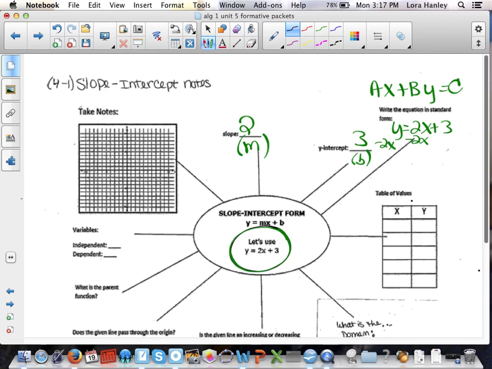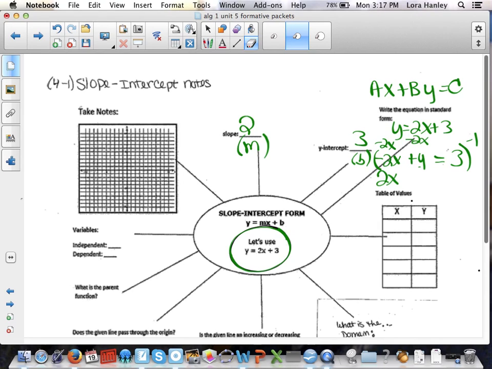So we end up with negative 2x plus y is equal to 3. Finally, we have to check our rules, and we're not allowed to have a negative a value. So in order to fix that, I want to multiply all the way through by a negative 1. The result is 2x minus y is equal to a negative 3.